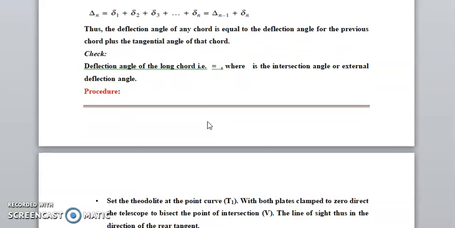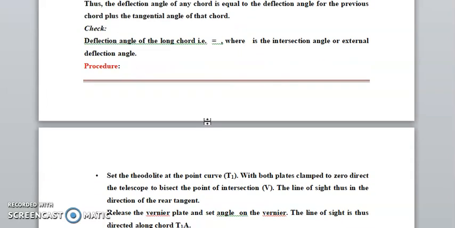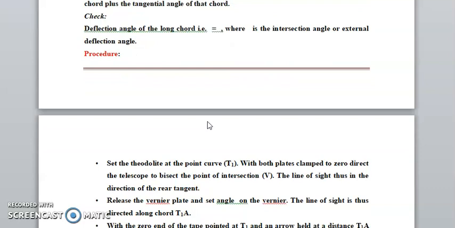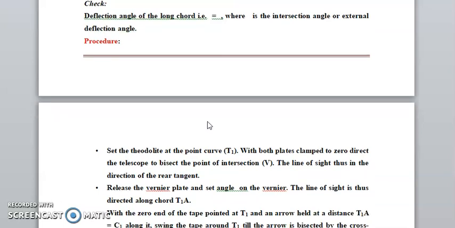Procedure: set the theodolite at the point of curve T1 with both plates clamped at zero, direct the telescope and bisect the point of intersection B. The line of sight is thus the direction of the rear tangent. Release the vernier plate and set the angle delta 1 on the vernier.